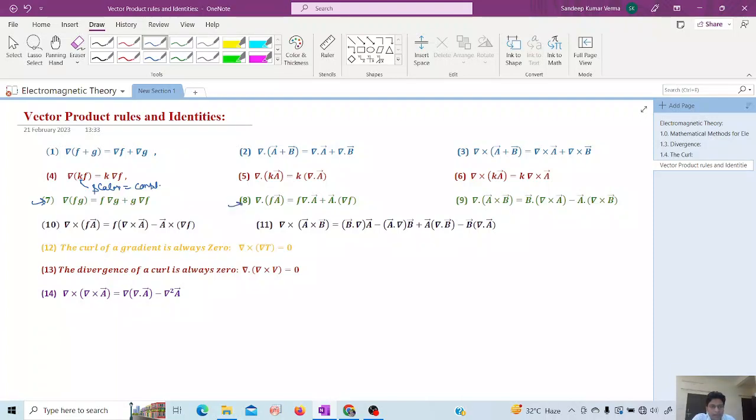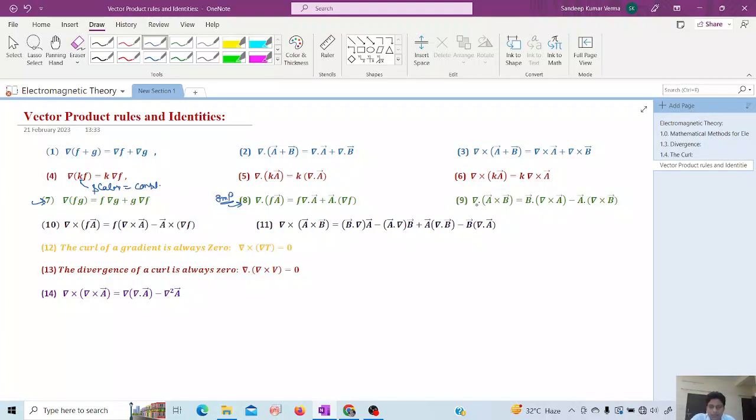The divergence of a scalar times a vector can be written as the scalar times divergence of A plus vector A dot gradient of f. This is important and it can be used in electrostatics.